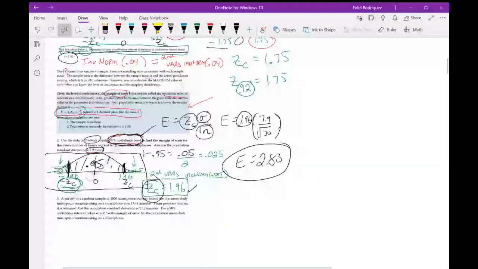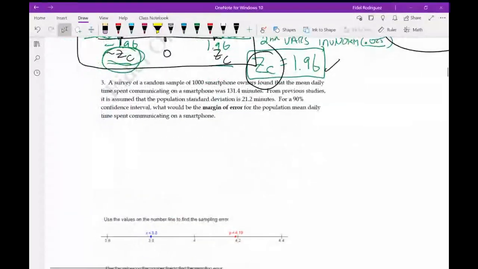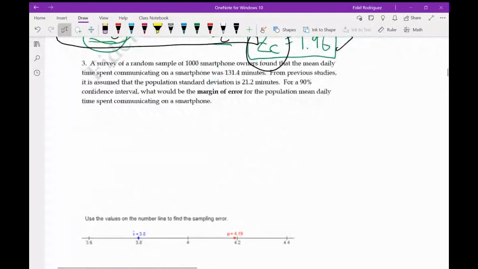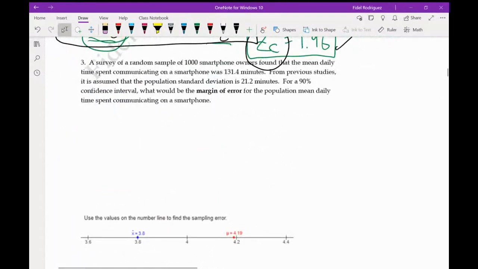Okay, so let's see, here we go. Number 3 says a survey of a random sample of 1,000 smartphone owners. The first thing I noticed is they're asking about 1,000 smartphone owners, so that means my N is 1,000.